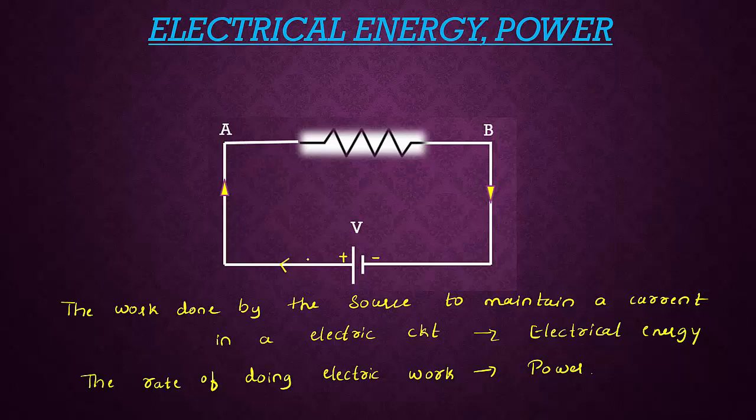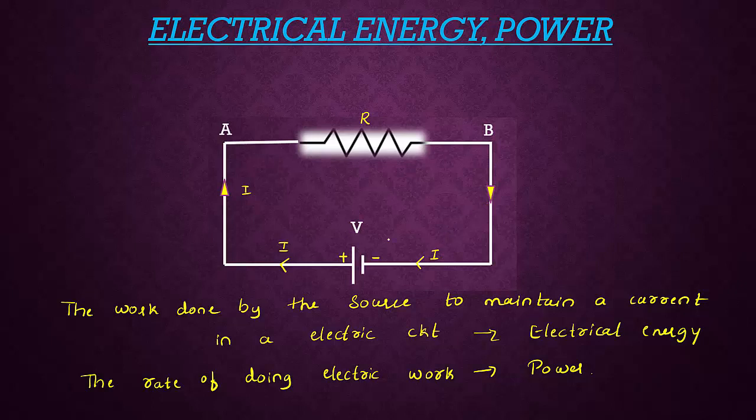The flow of charges in unit time we call current. Let us consider I amount of current produced in the circuit, passing through the resistor. The amount of current coming from the positive terminal is the same amount that enters the negative terminal. Is it clear?